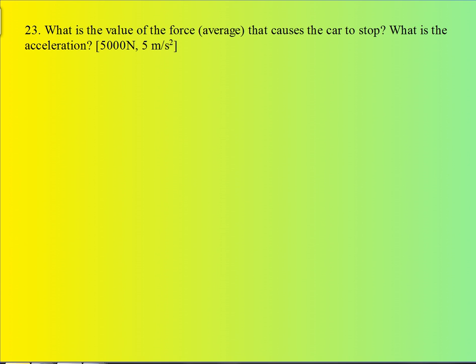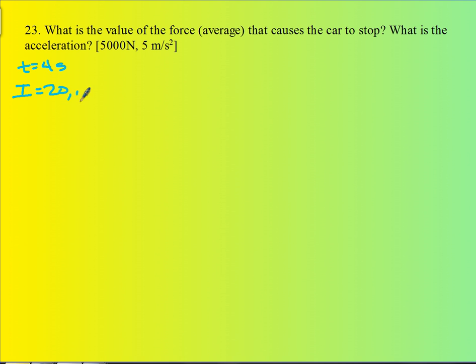What is the average force on the car to cause it to stop, and what's the acceleration? Well, let's see. We know that the time it takes for it to stop is 4 seconds. And we know that the impulse is 20,000.